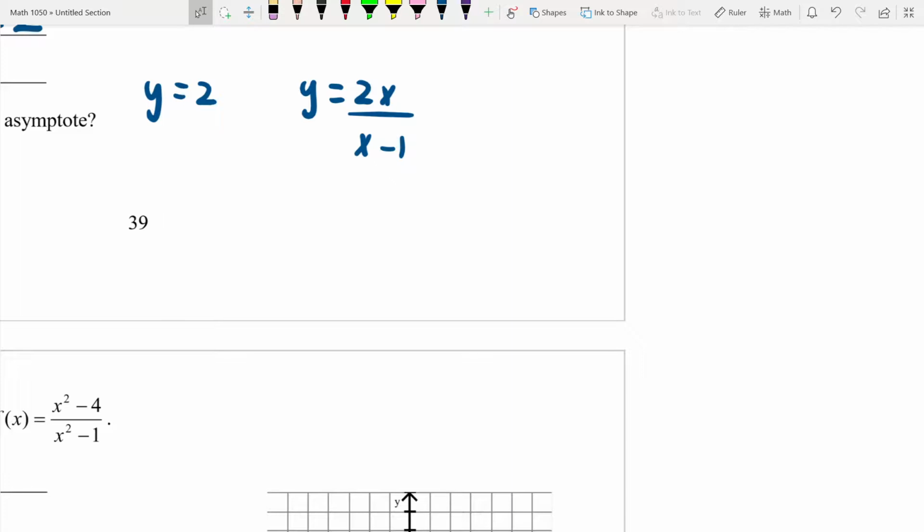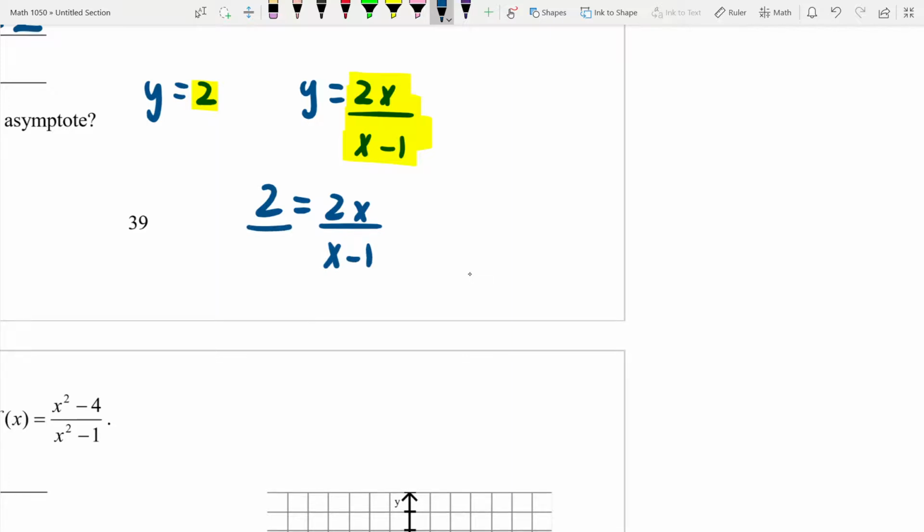use substitution or elimination. So look, if y is 2, and if y is also 2x over x minus 1, then those things I just highlighted in yellow must also be equal to each other because they're both y, right? Another way to think about it is this. If y is 2, I'm just going to take that y and replace it with a 2. So then you'd have 2 equals 2x over x minus 1.